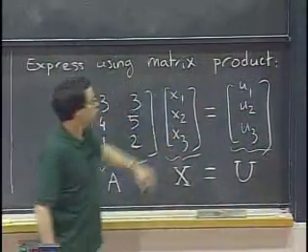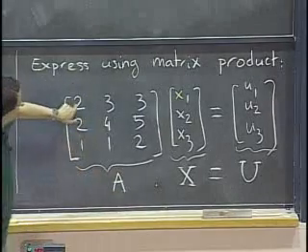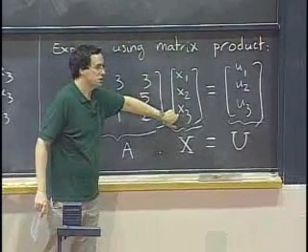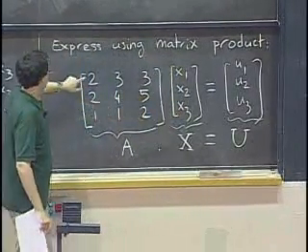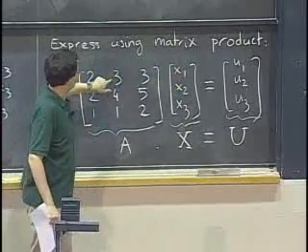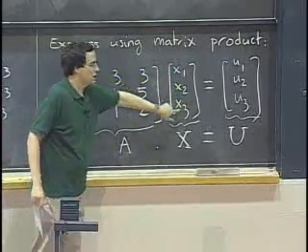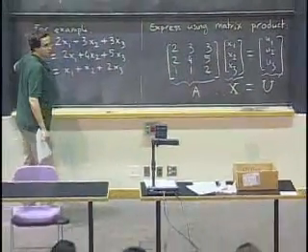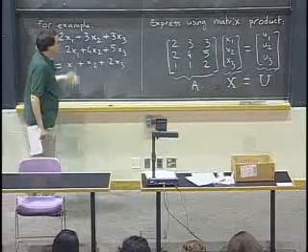Well, I said we're going to do the dot product between a row of A, 2, 3, 3, and a column of X, X1, X2, X3. Well, that dot product will be 2 times X1 plus 3 times X2 plus 3 times X3. Okay, it's exactly what we want to set U1 equal to. Let's do the second one.